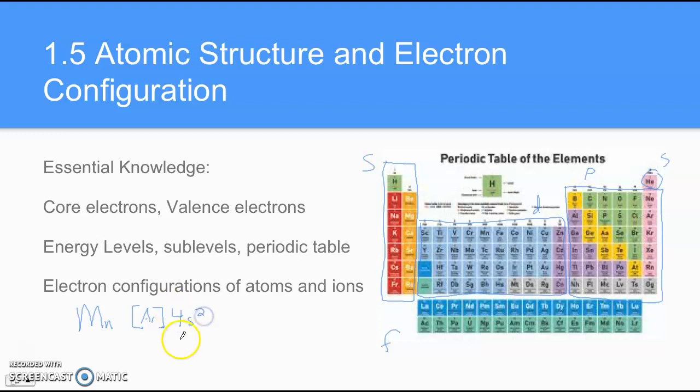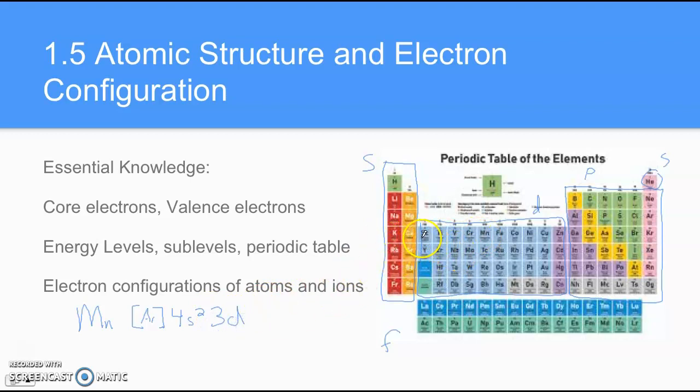4s2. The number in front of the letter represents the energy level. The letter represents our sublevel. And the superscript represents the number of electrons in that sublevel. Then continue on until we get to manganese. The next section is going to be 3d.